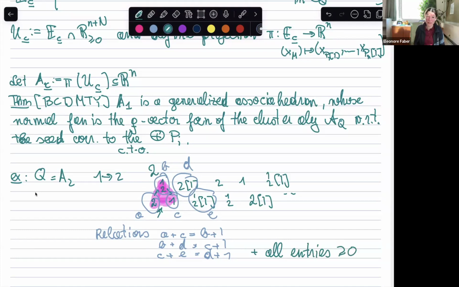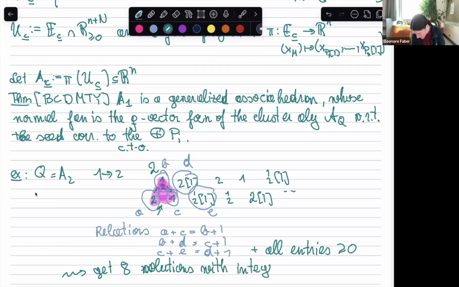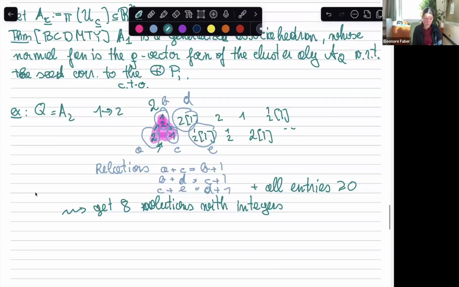So we get inequalities. And so if we compute the possible solutions and only take non-negative integers, you get 8 solutions with integers. And so I write down the vector that corresponds to the shift of the projectives, and then you can find out the other values.